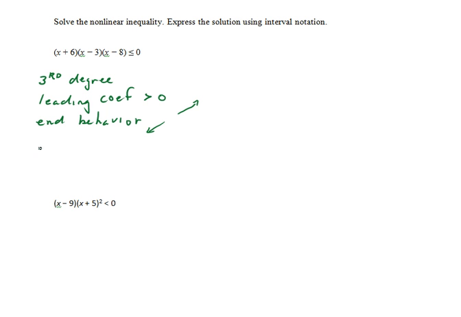We also know the x-intercepts. Since we've got the factored form, they will be negative 6, 3, and 8, all with multiplicity 1. So if we put this all together, we can sketch the graph.